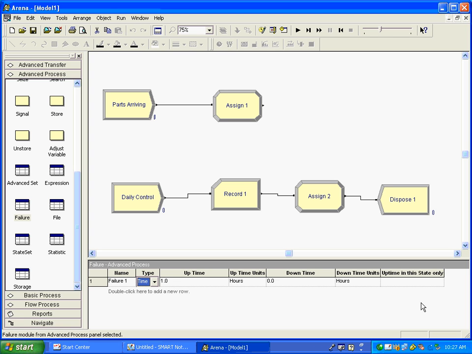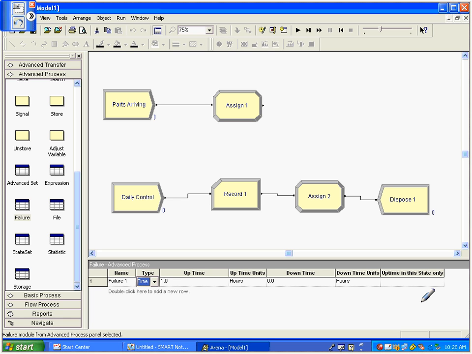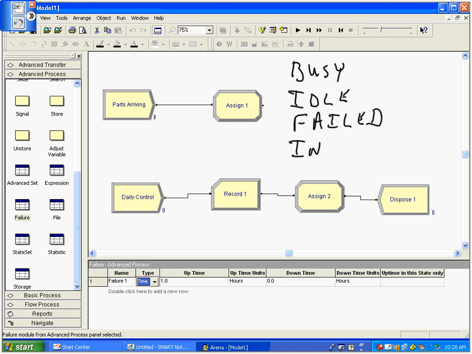What I don't think I mentioned are the states. There are default states for every resource. The default states are busy, idle, failed, and inactive.